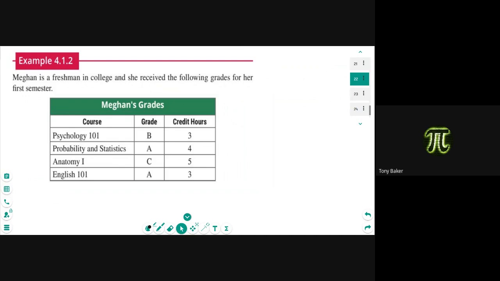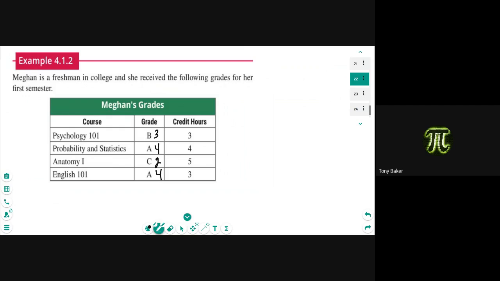You have your grades, and your grades translate into a score or a GPA. So a B is a 3, an A is a 4, a C is a 2. That would be the GPA associated with those. And if it's a plus or minus, it changes it slightly from there.